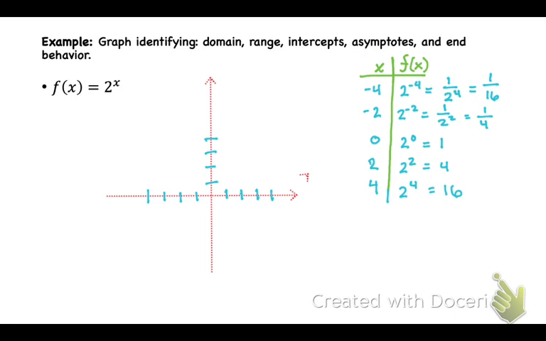Okay, so 2 to the negative 4 is 1/16. So that's pretty much like down there. It's not touching the x-axis, but it's close, right? 1/4 at negative 2, so not much up. And then what is it at 0? 1.